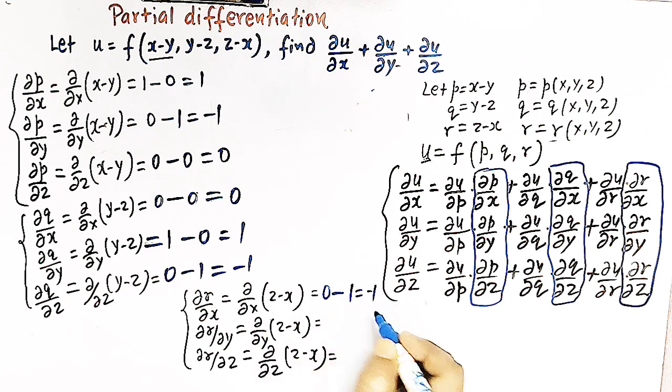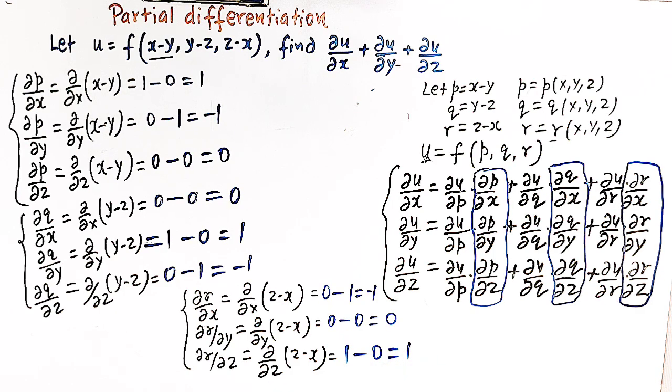So this is minus 1, and here the partial derivative of z with respect to y is 0, and the partial derivative of x with respect to y is 0. So this is 0, and here the partial derivative of z with respect to z is 1. Here the partial derivative of x with respect to z is 0. So we have 1 minus 0, that is 1.